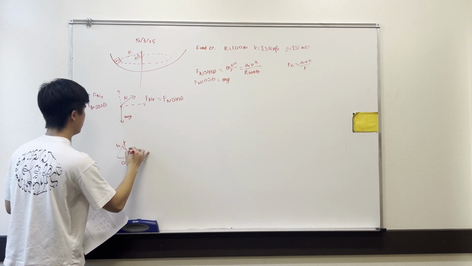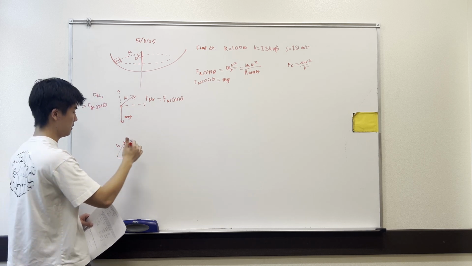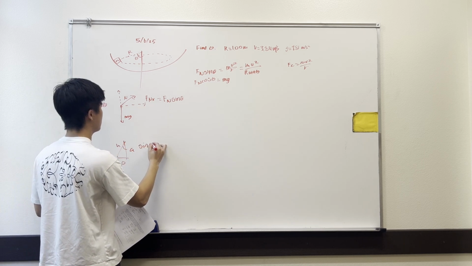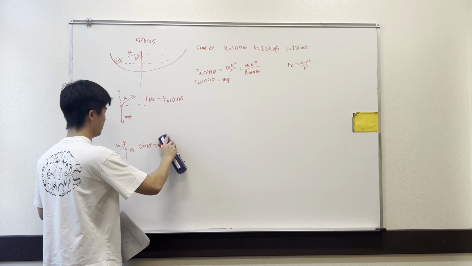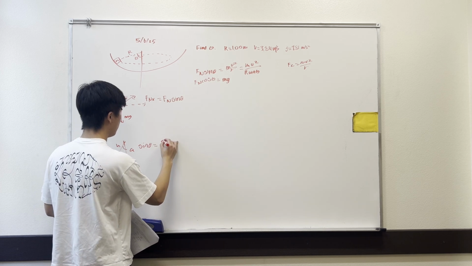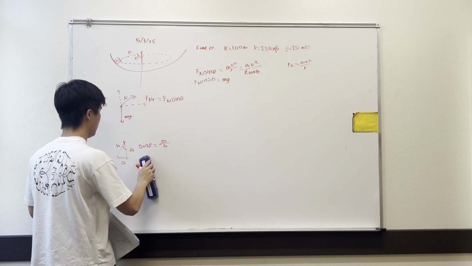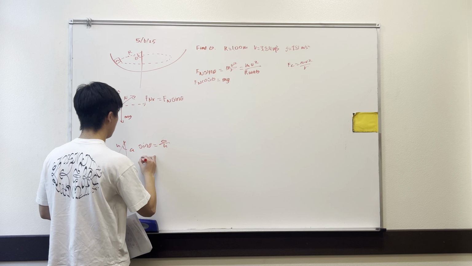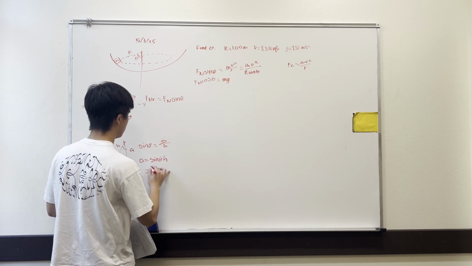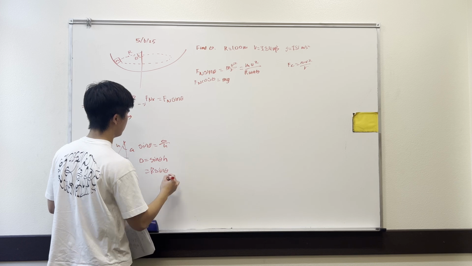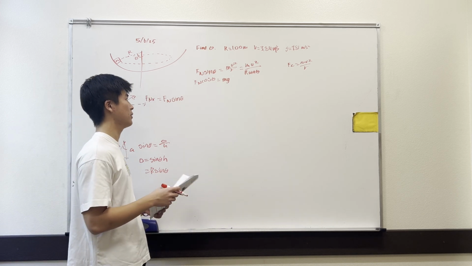Just a little trig lesson: sine is opposite over hypotenuse, so the opposite equals sine theta times h, which in our case is R sine theta. That's how we get our value, just to clear up any confusion.